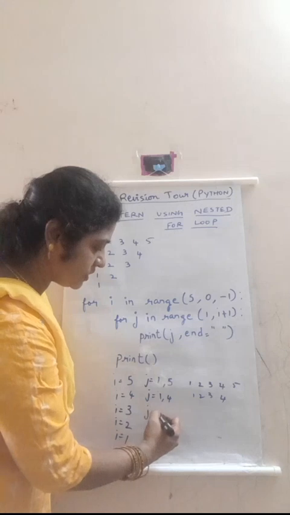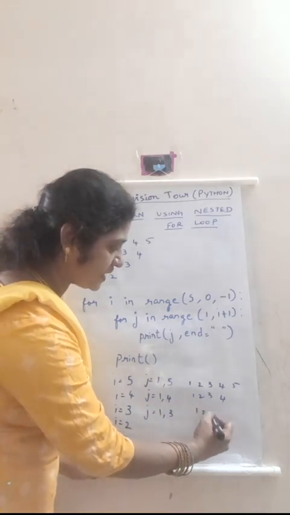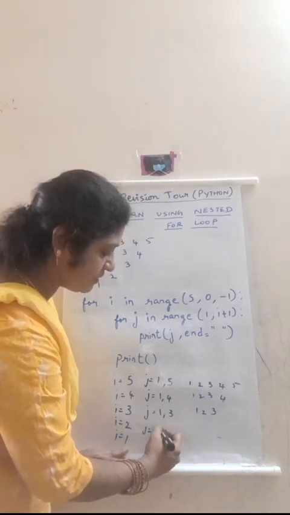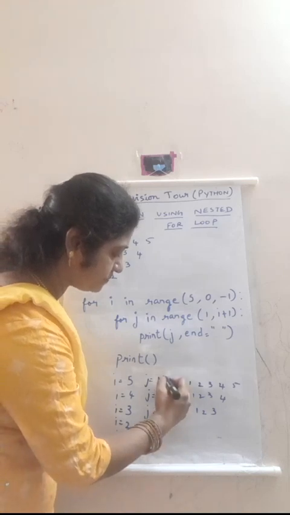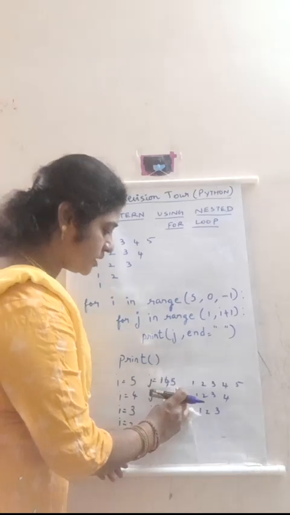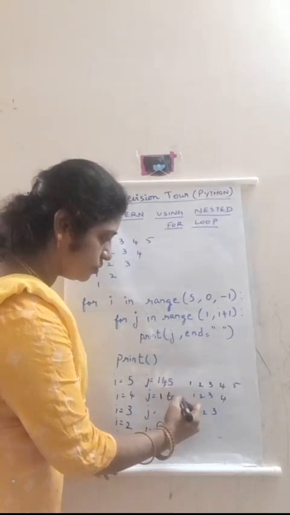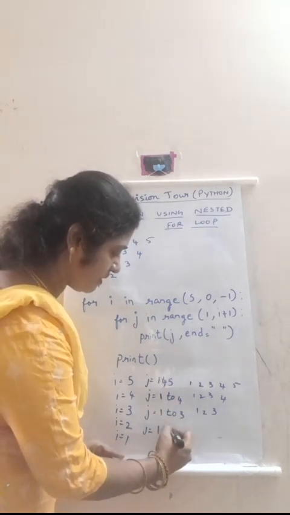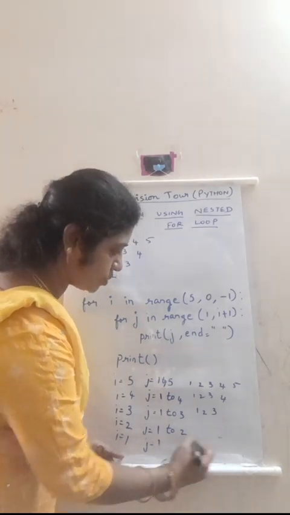And when i value is 3, j will run from 1 to 3 and it will display 1, 2, 3. And when i value is 2, it will run from 1 to 2, so don't get confused, displaying 1, 2, and when i is 1, just 1.